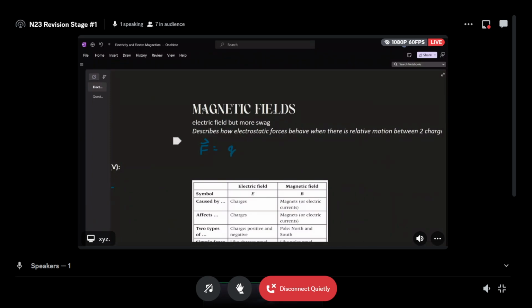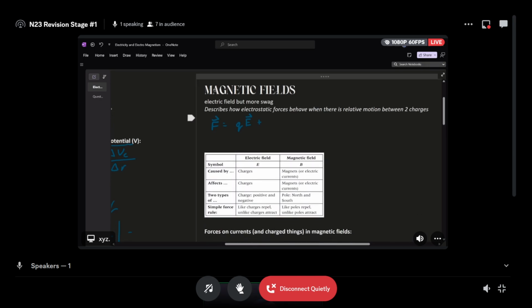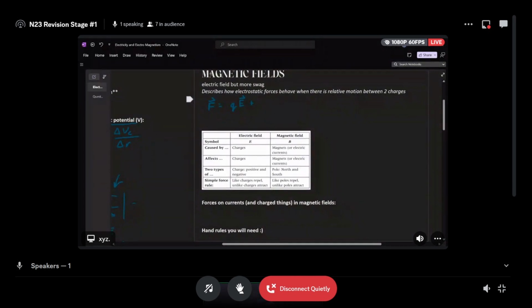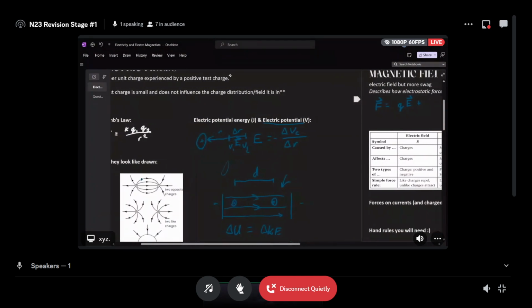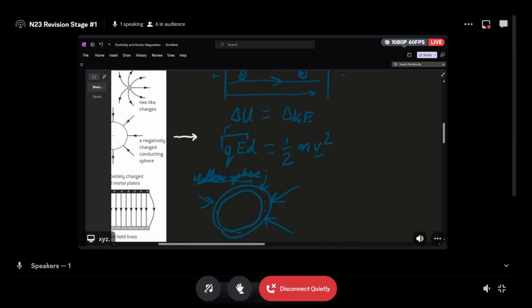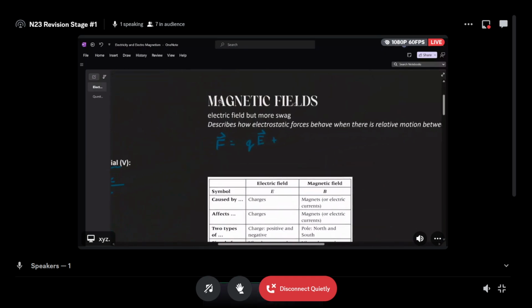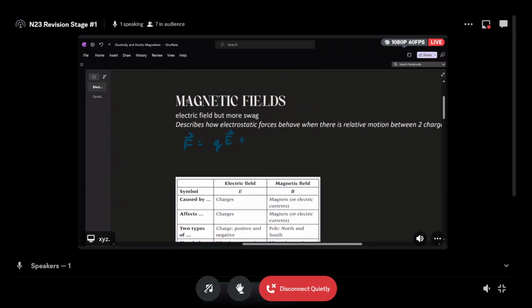For those of you that know how to do vectors, we have our first component of a force, which is the normal electrostatic force, simply QE. That's the same as here because that's work done, right? QED is work done because this is force. That's our first component of a Lorentz force.